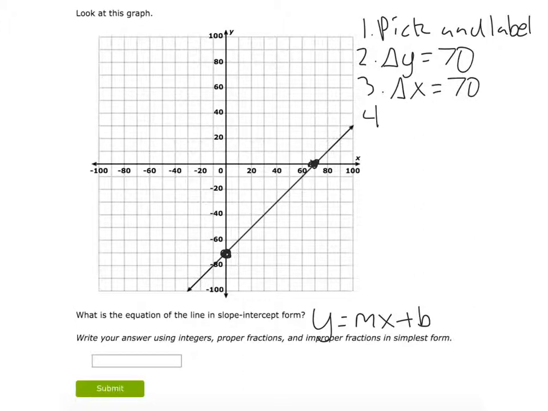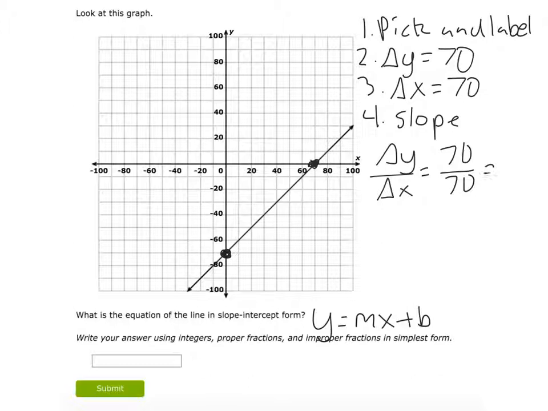Step 4 is going to be our slope. Okay, so our slope is going to be change in y over change in x, equals 70 divided by 70, which equals, actually that's nice, 70 divided by 70 is going to be equal to a whole number of 1. Okay, so our 1 is our slope.